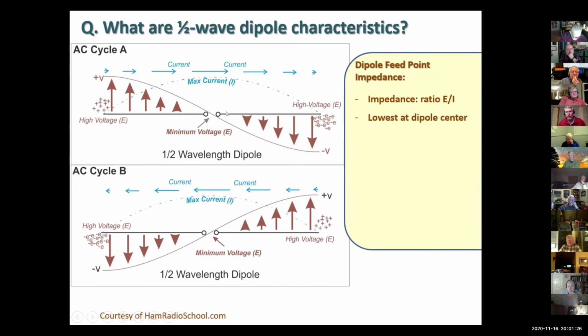And we have an impedance all the way up and down this antenna. Every point has its impedance, and we normally connect in the center, and that's actually the lowest impedance point, right in the center. And that impedance is about 70 or 72 ohms.